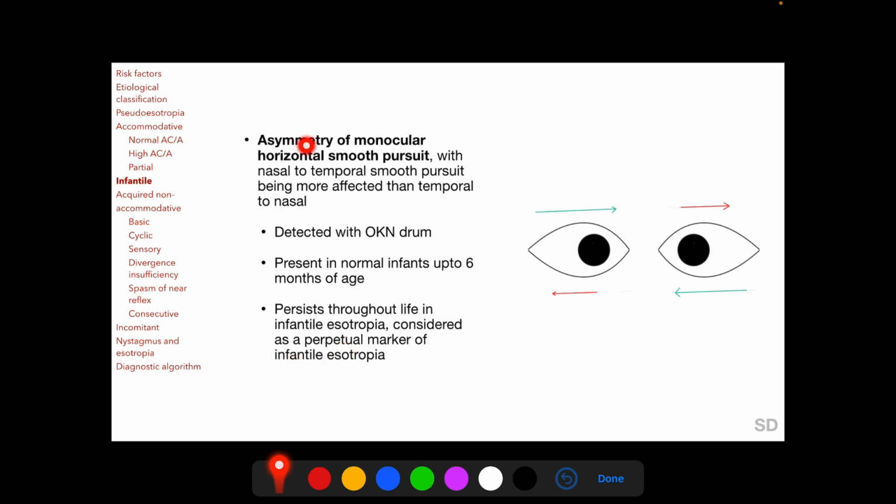So this asymmetry of monocular horizontal smooth pursuit occurs in all patients with infantile esotropia, but the other associated features which we are discussing are found in only some patients with infantile esotropia and not all.